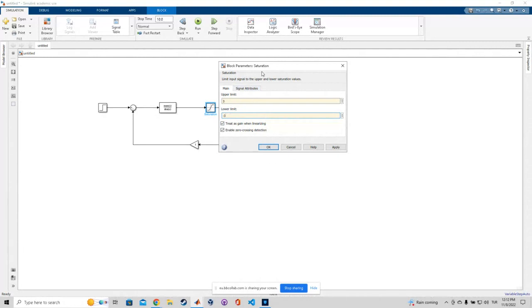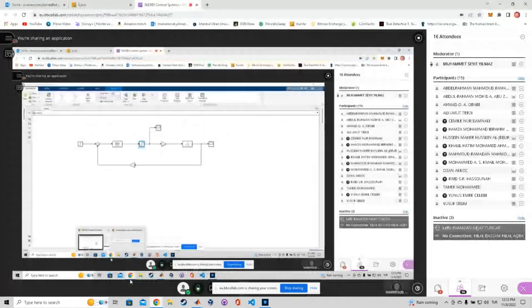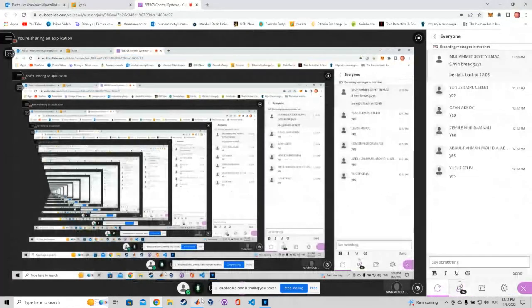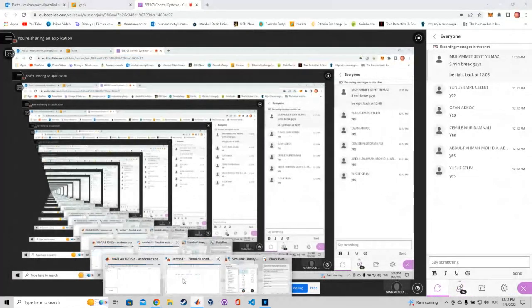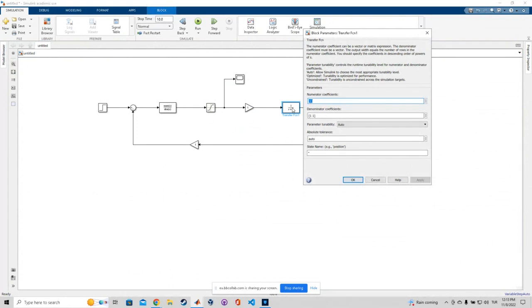So you can use this saturation point to limit your parameters. And then you have your gain value, which we're going to decide later. And then your second transfer function here.